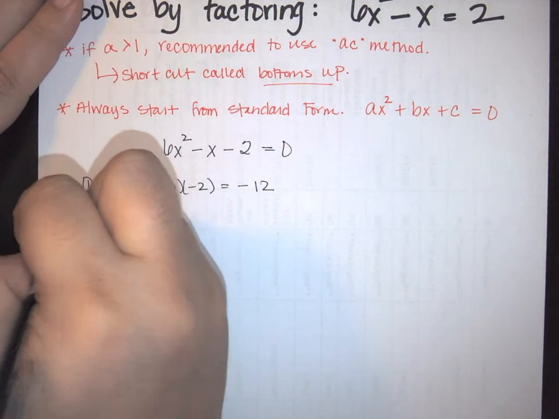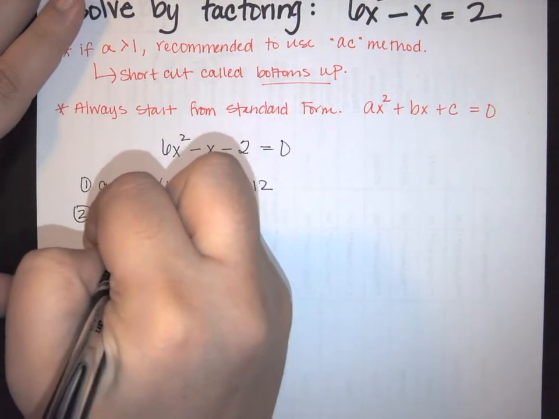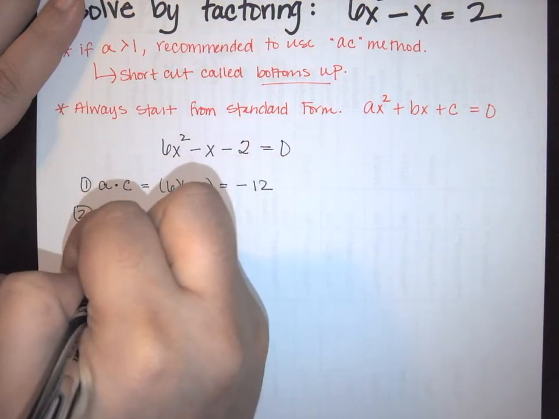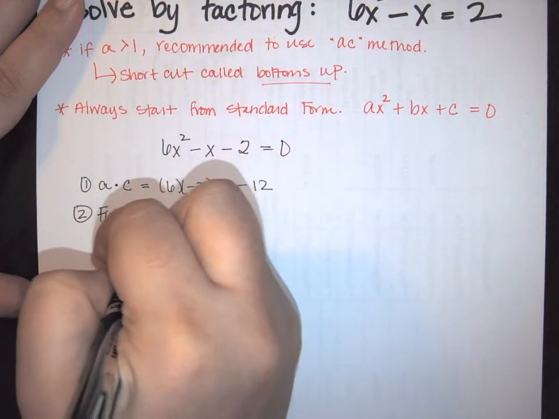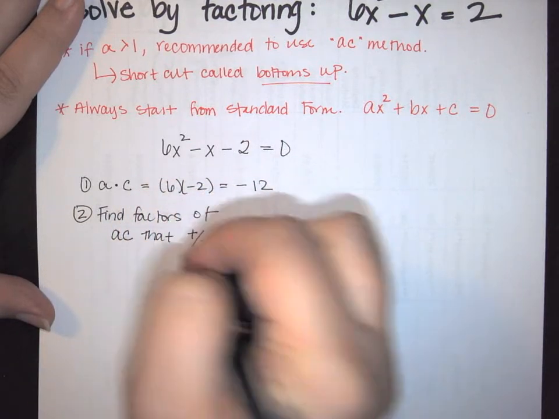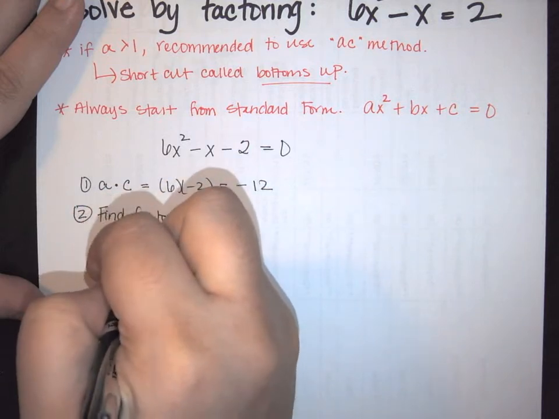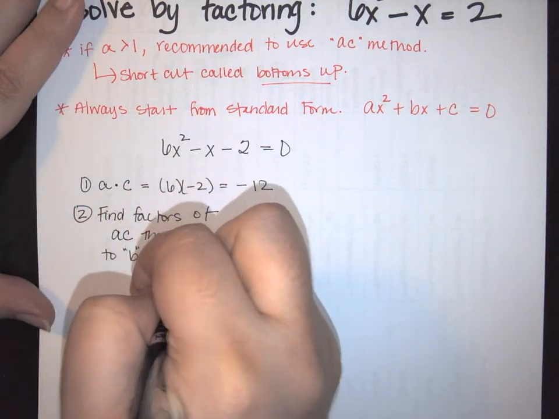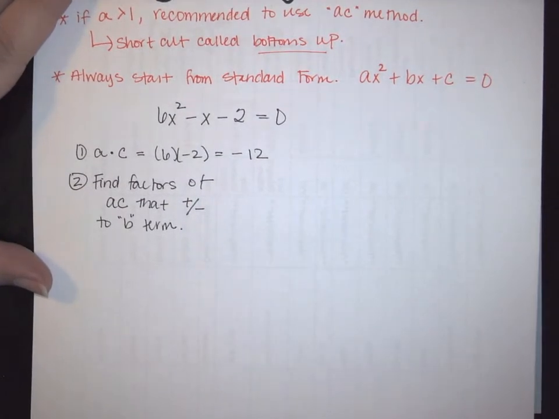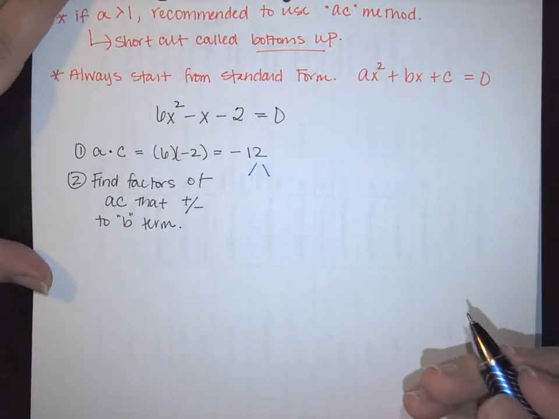Now the second thing that you have to do is you have to find the factors of AC that add or subtract to the B term. So what that means is that I need to find my factors of 12. So I'm going to go ahead and just list all my factors.